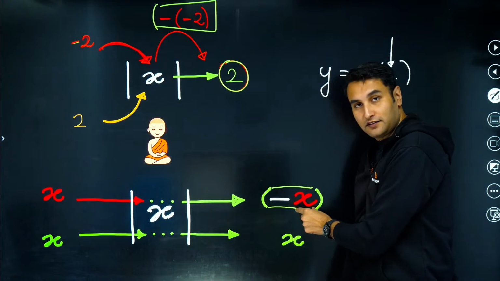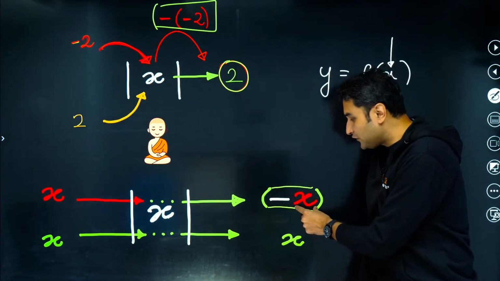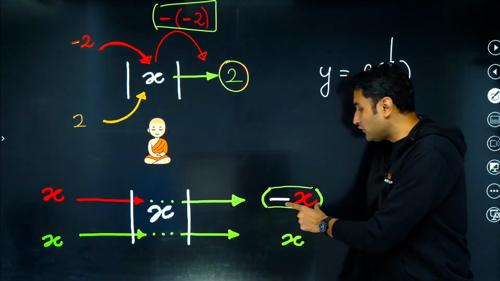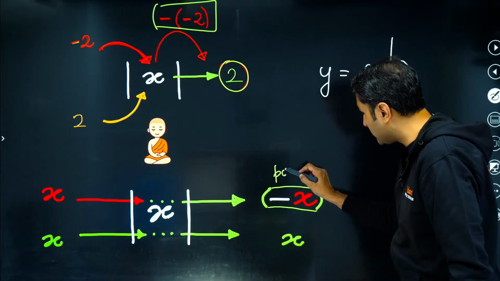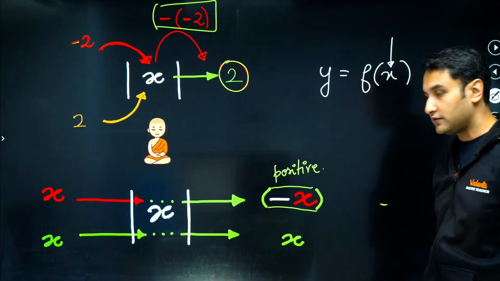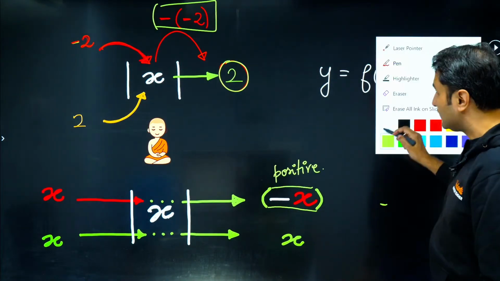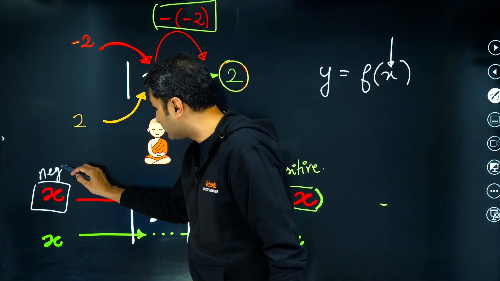If x itself is negative, then negative of x will become positive. So remember bachcho, this actually is a positive number, because this was a negative number.